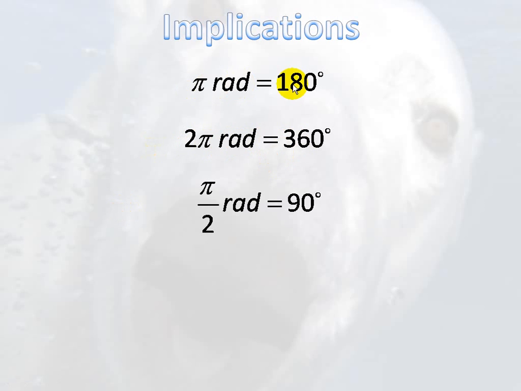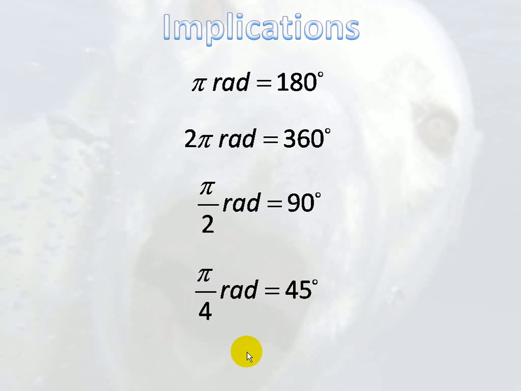Likewise, if we divide both sides by 2, we get pi over 2 radians equals 90 degrees. And if we divide both sides by 4, we get pi over 4 radians is 45 degrees. So those are some implications that arise from recognizing that pi radians is 180 degrees.